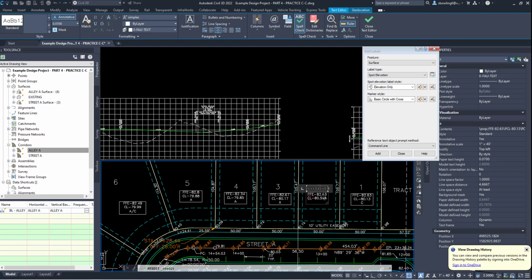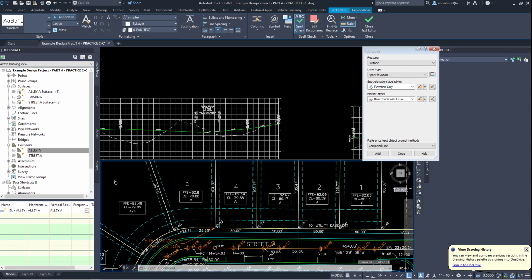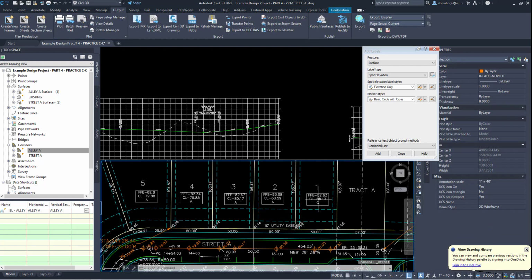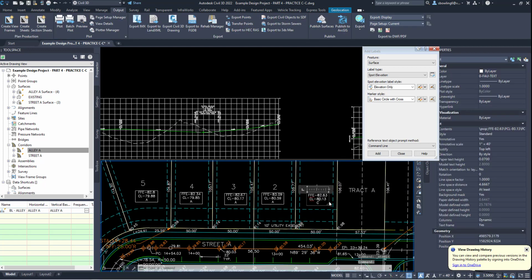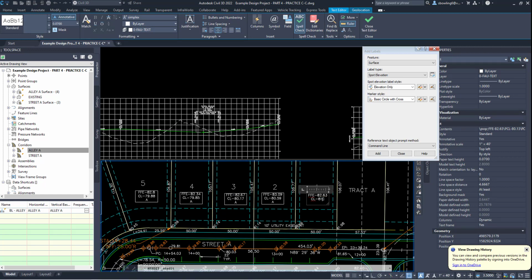So that's 83.09. And this one is going to be 81.05. So this is 83.55.